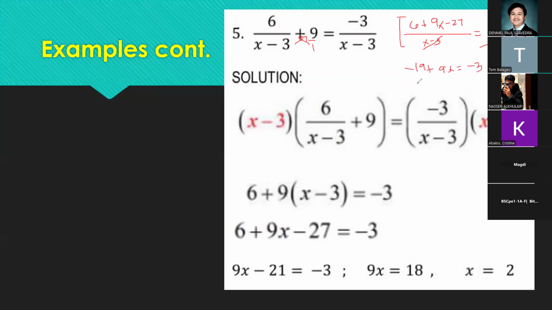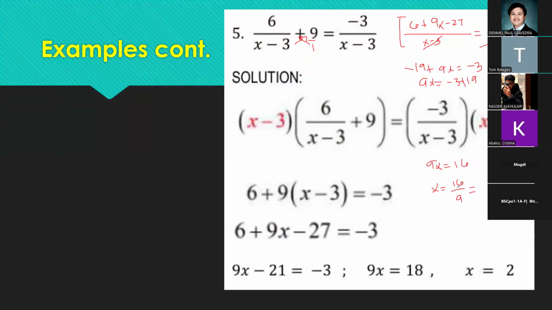So negative 19 can be transferred on the other side. 9x is equals to negative 3, positive 19. So 9x over 16. Therefore, 16 x is equals to 16 over 9.